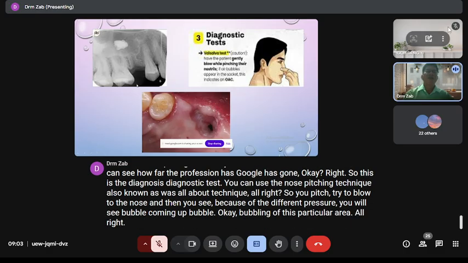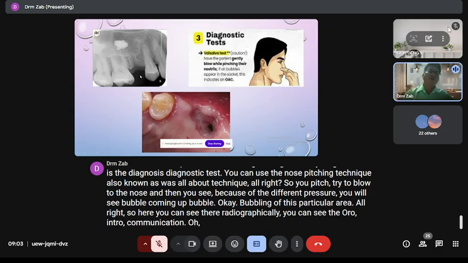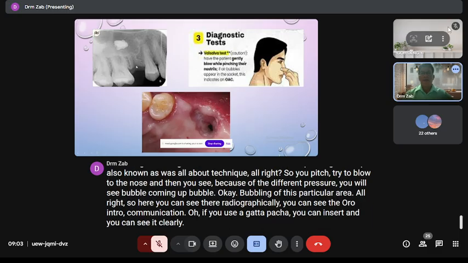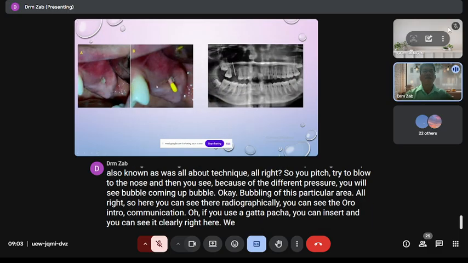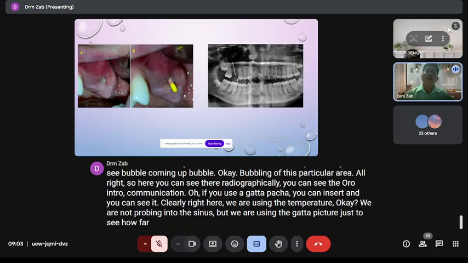Here you can see the oro-antral communication radiographically. If you use a gutta percha, you can insert it and see it clearly. We are not probing into the sinus, but using the gutta percha just to see how far the track is.